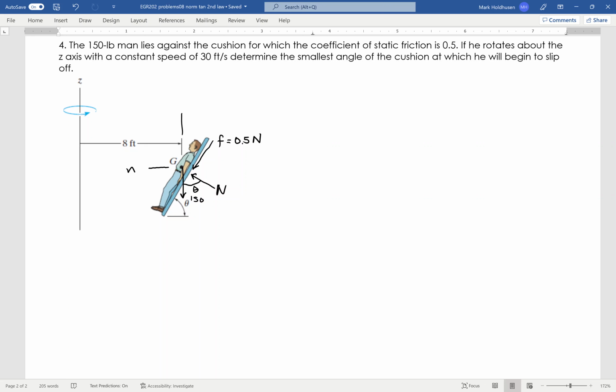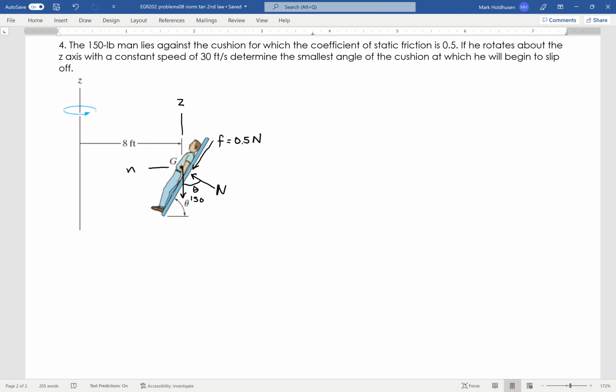Then I'll have a z-axis going straight up. My tangential axis will be coming straight out of the page into the face. Okay, so again, don't make the mistake of setting your normal direction in the same direction as your normal force. You want to set it up based on acceleration. Okay, and he's accelerating. The normal acceleration is towards the center, straight to the left, because it's a horizontal circle that they're going around here.